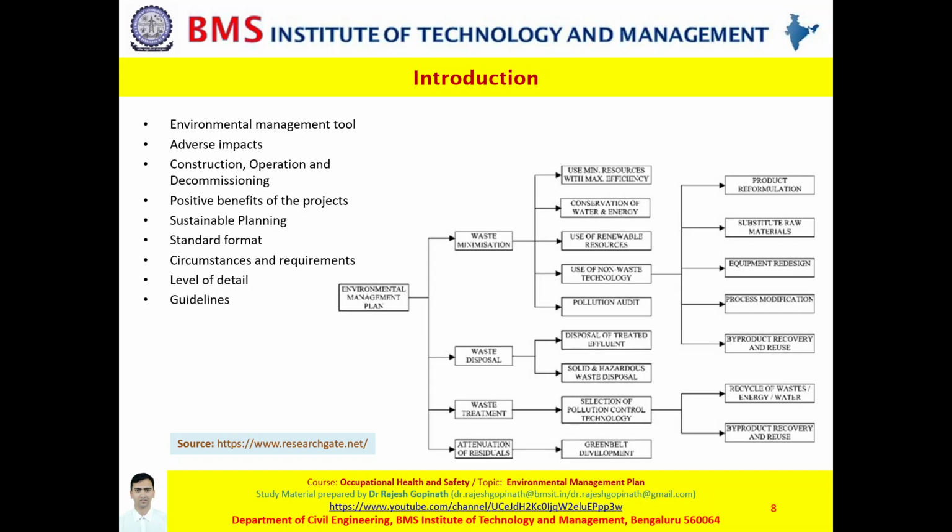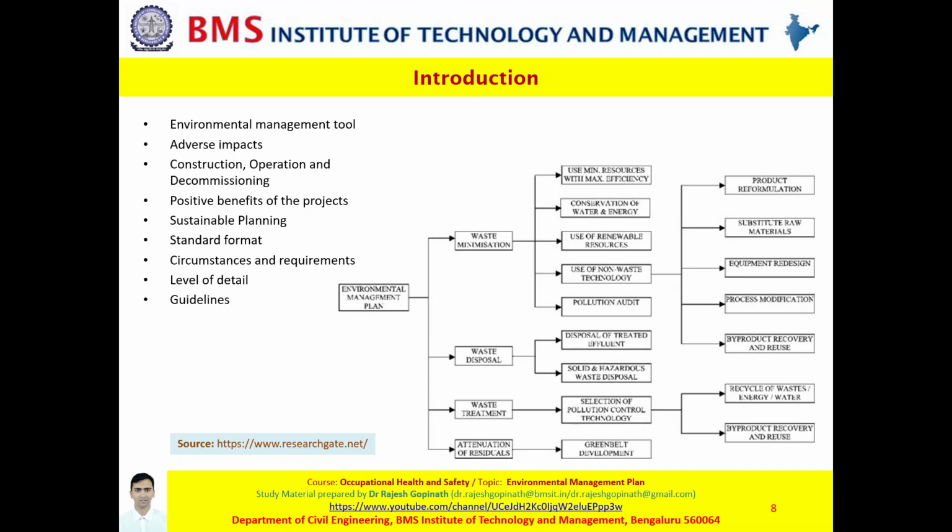So when I say construction, operation, decommissioning, I am probably referring to industries or construction activities of huge buildings, or commissioning and decommissioning of certain machineries or huge industrial belts.